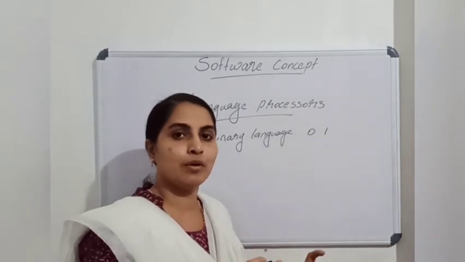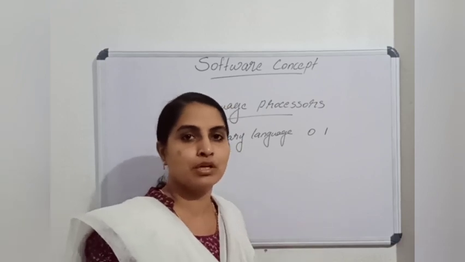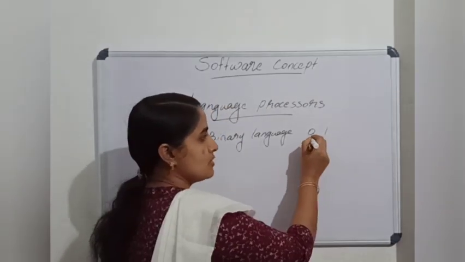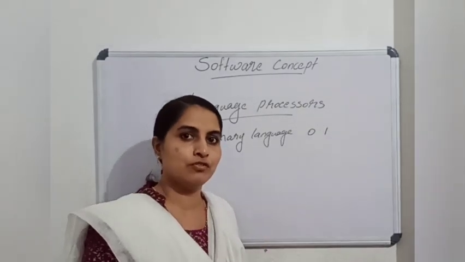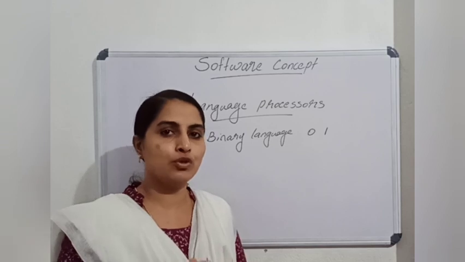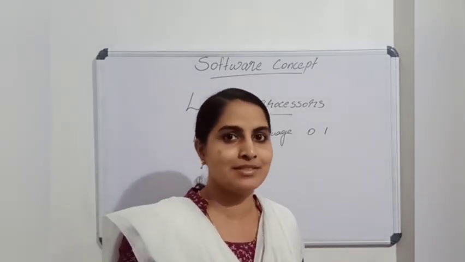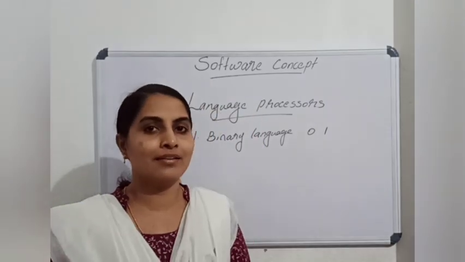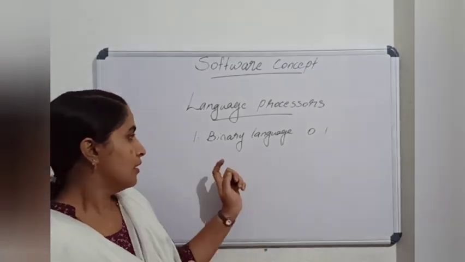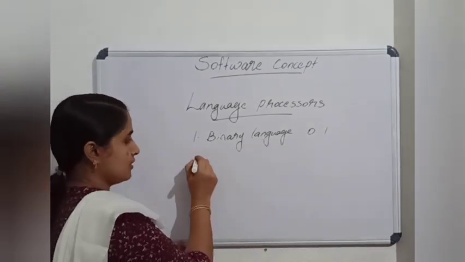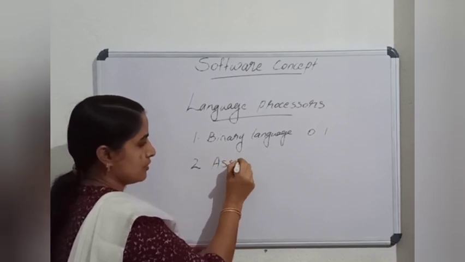So if you want to communicate anything to the computer using binary language, you have to follow this language of 0 and 1. The combination may vary, but only two symbols are used. At the beginning of this chapter, we discussed what 0 and 1 actually are: the high voltage and the low voltage. Then the next type of language is assembly language.